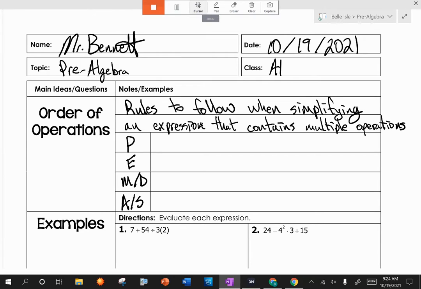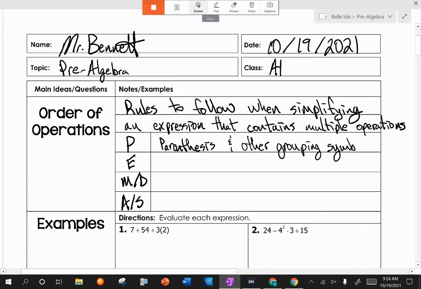Yes, PEMDAS. Okay? The P is for parentheses. Okay? Also other grouping symbols. So, it could be parentheses, right?